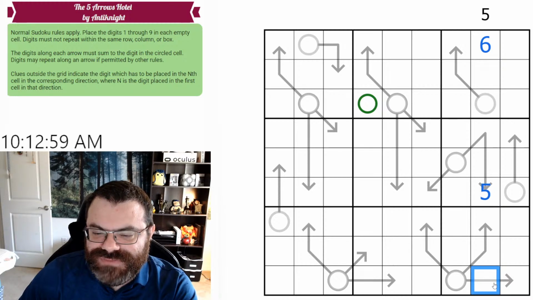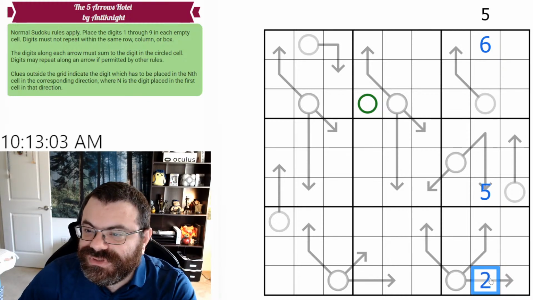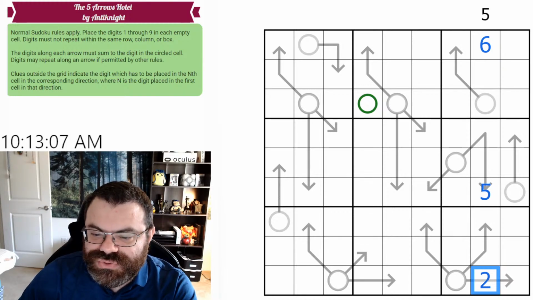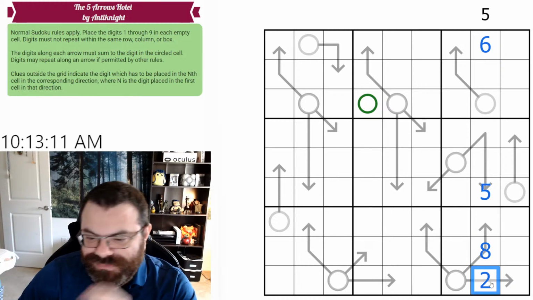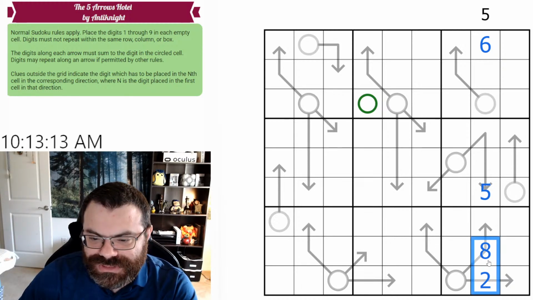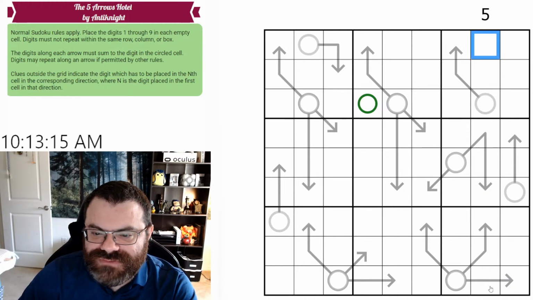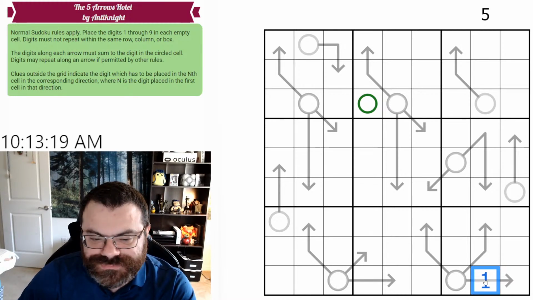And then here, if I put, say, a 2 here, we go 2 from this direction, we put an 8. Hope that makes sense. So we could never put a 1 here, because that would say put an 8 in the same spot, for example.